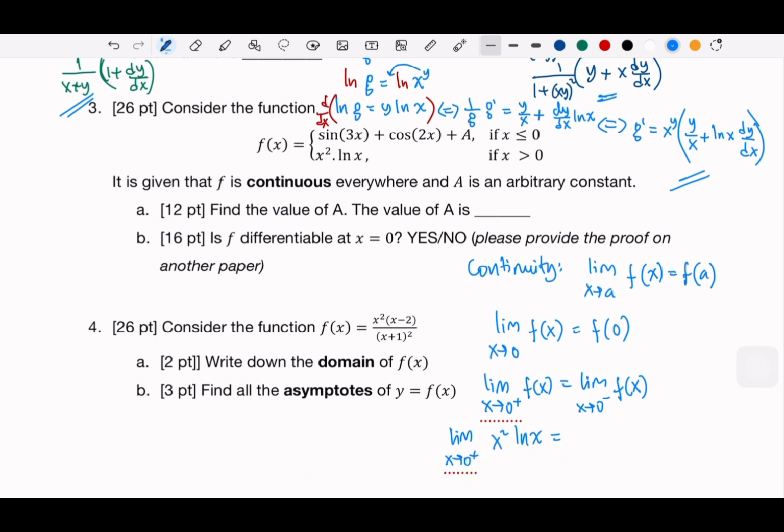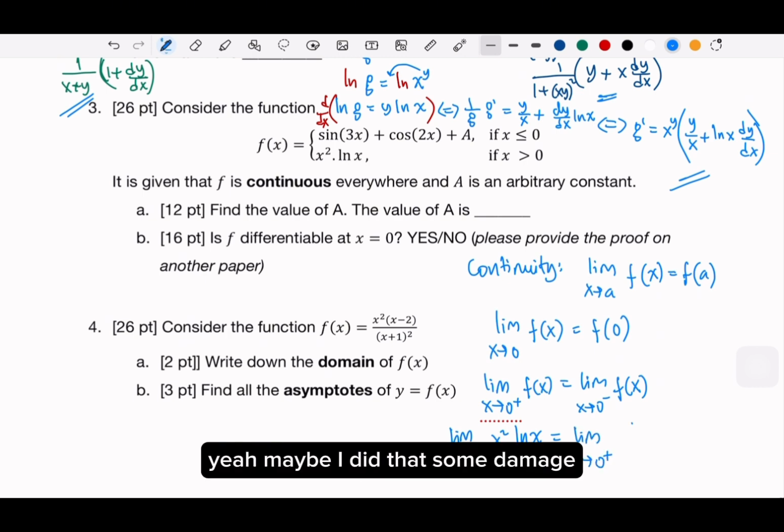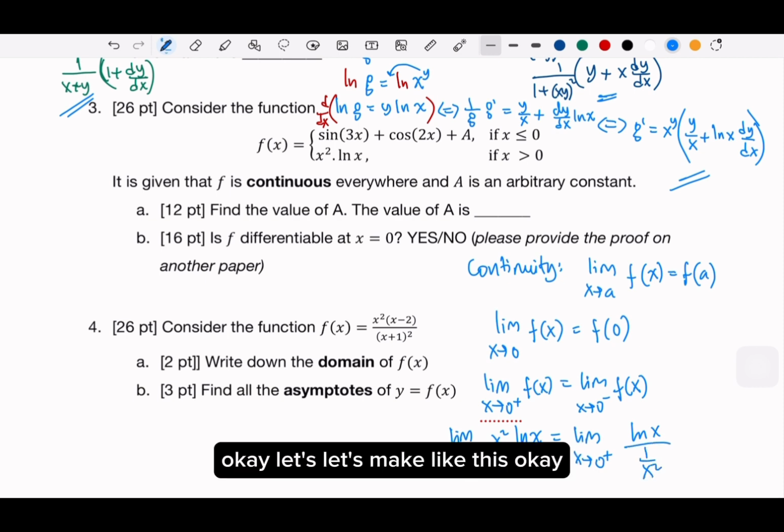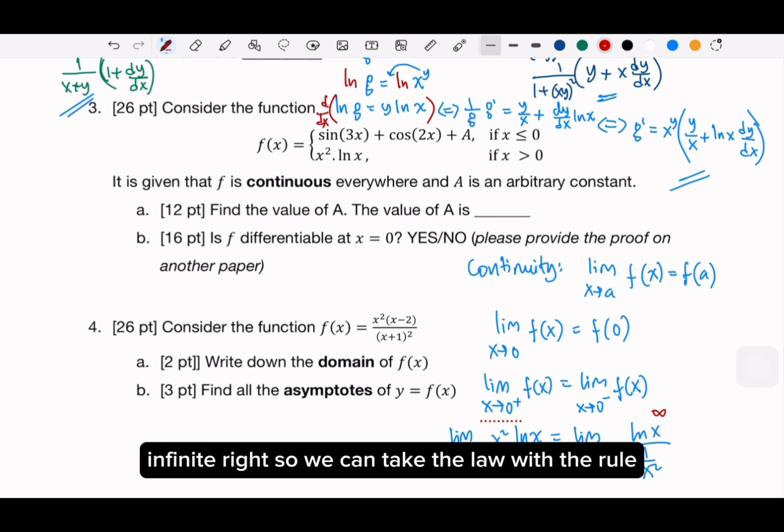So let's put the x squared down here. If we put 0, this will be infinite, right?